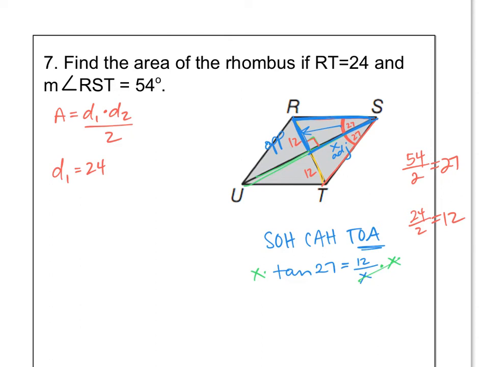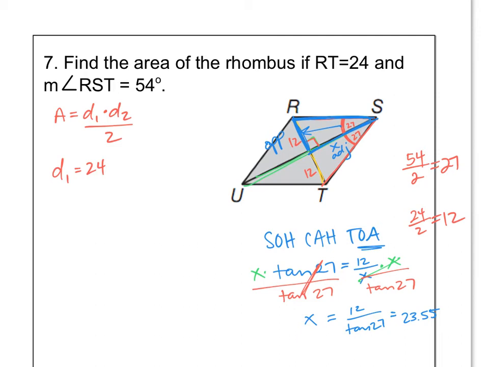It's X times tangent 27. So to undo the times, we have to divide. So we're going to divide by tangent 27 on both sides. And then finally we get X equals 12 divided by tangent 27, which we can now type into our calculator. And when we do that, I think we get 23.55.